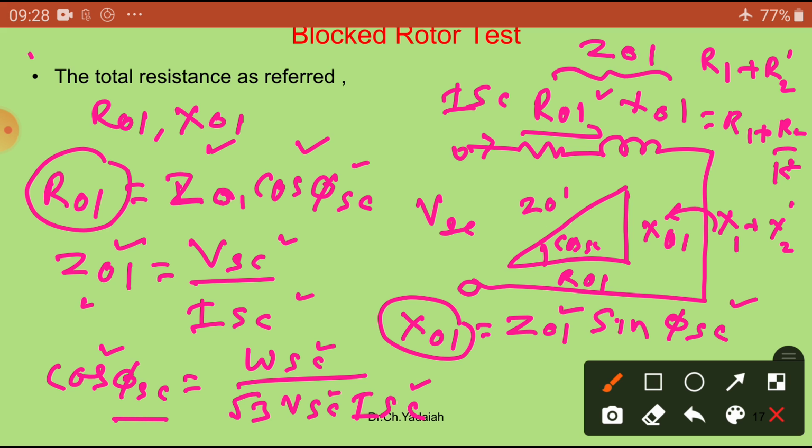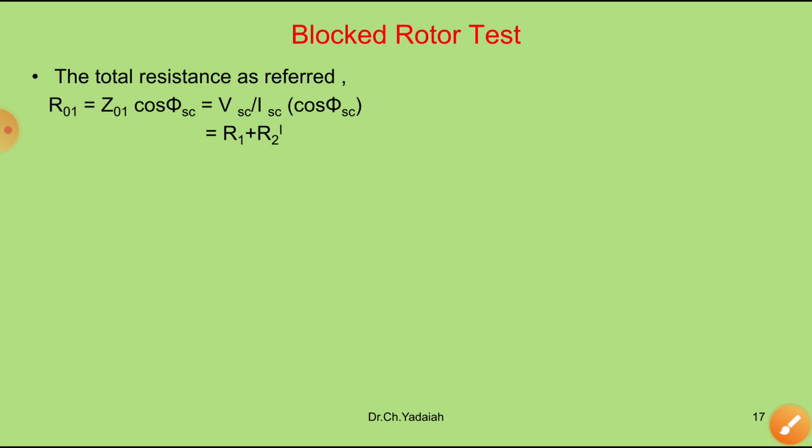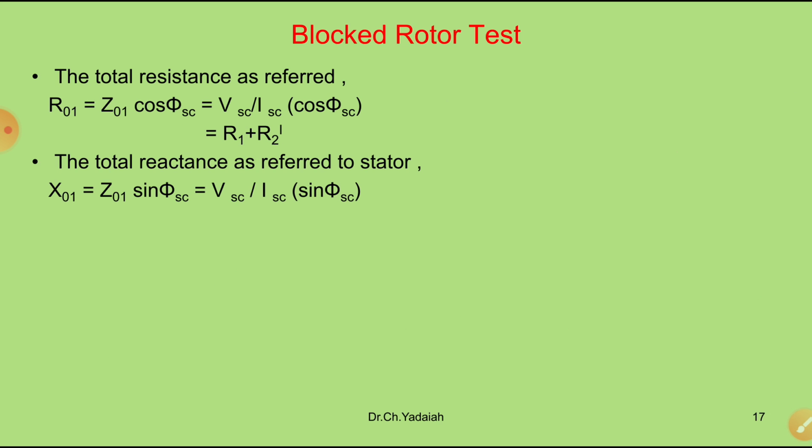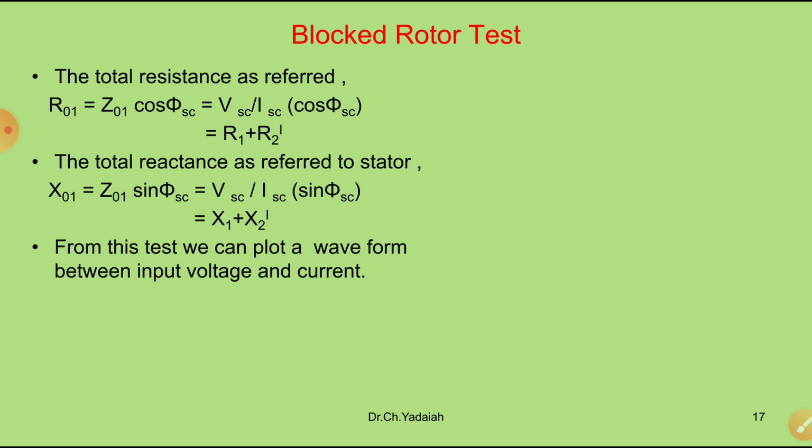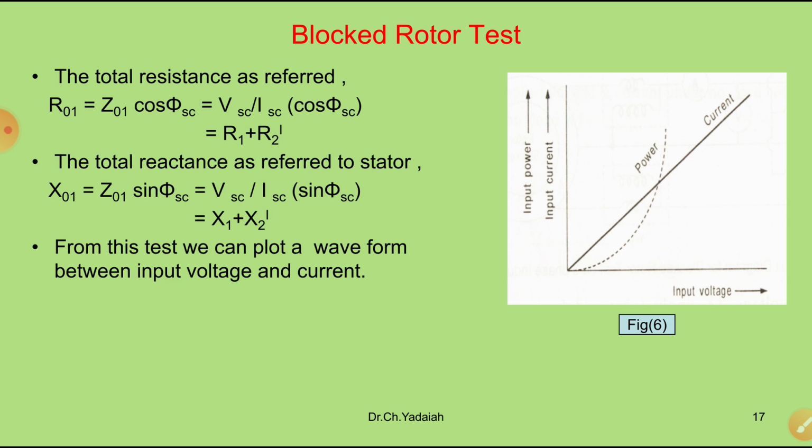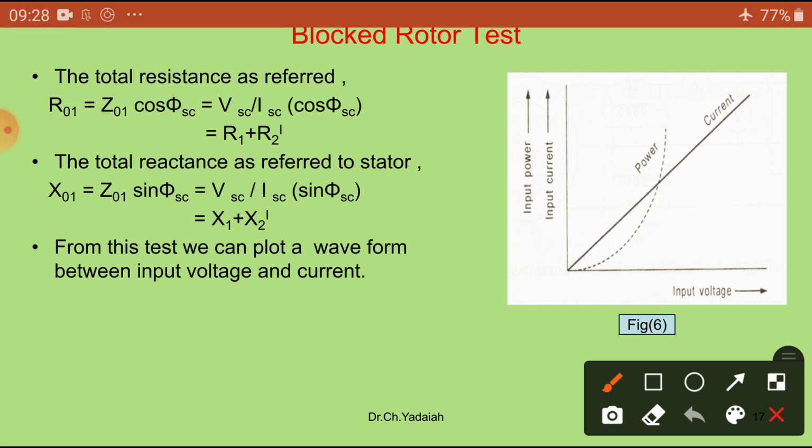Similar to the no load test, we are going to draw the input voltage versus power input and current. R01 and Z01 are calculated, so we have the total reactance referred to the stator. Input voltage is from the voltmeter, current from the ammeter, and power from the wattmeter.